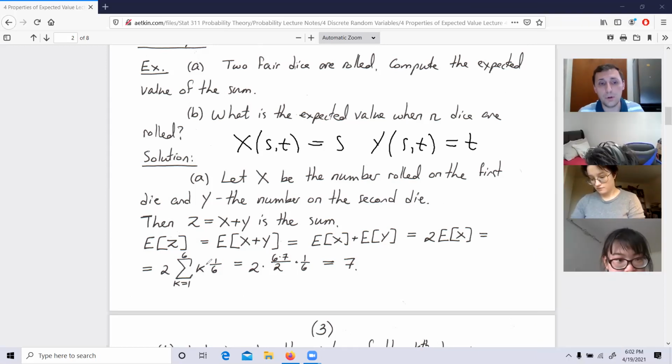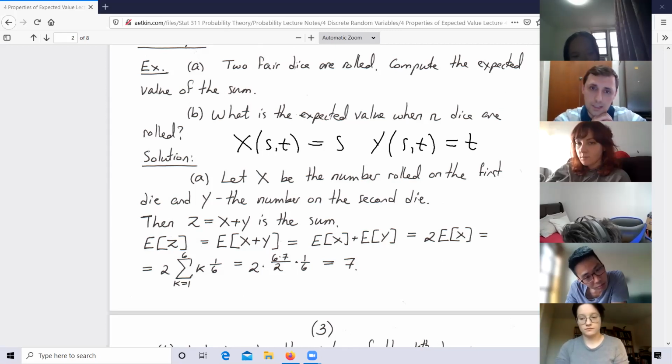It's the number on the die multiplied by 1 over 6. For x and for y, they are symmetric. That's why we get the 2 here. So it's 2 times the expected value of x. I can factor out the 1 over 6. And the summation of k from 1 to 6 is 6 times 7 divided by 2. So this is 6 times 7 over 2 times 2 times 1 over 6. And the answer is 7. Everybody sees that?